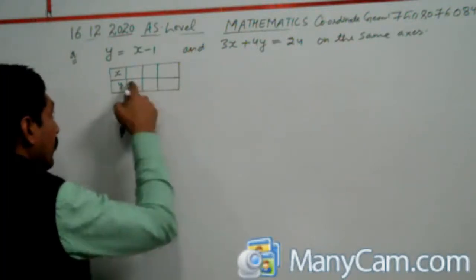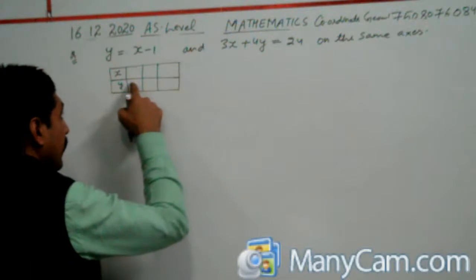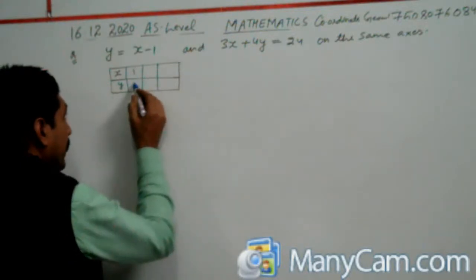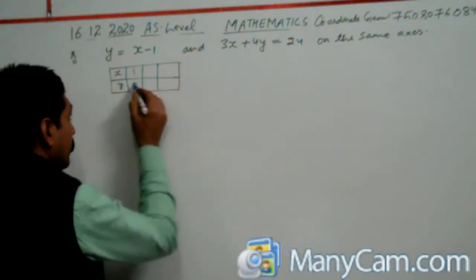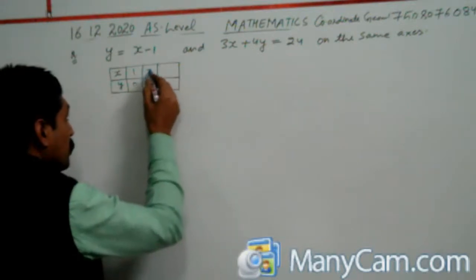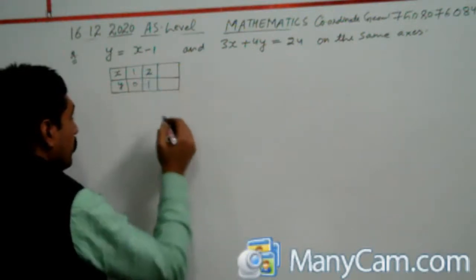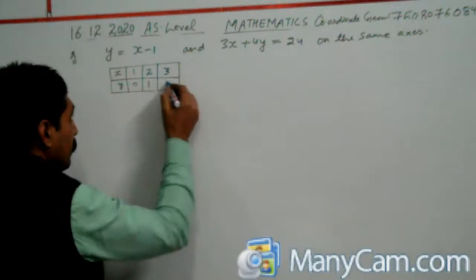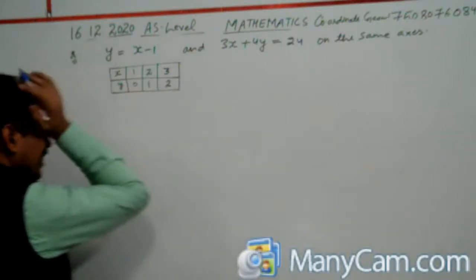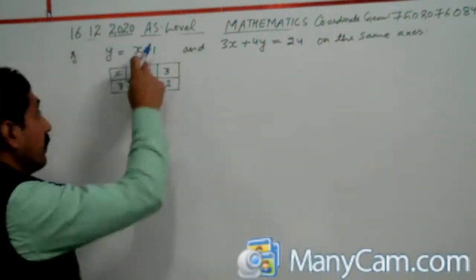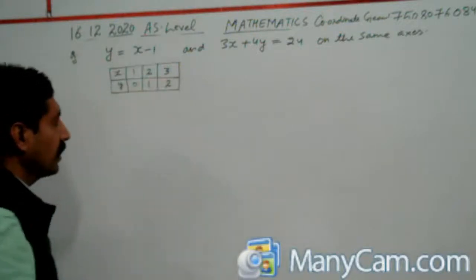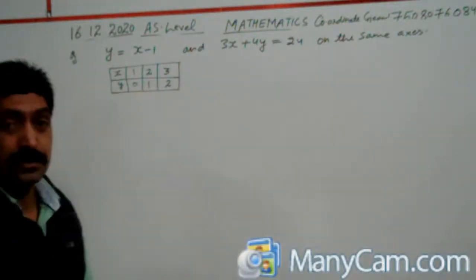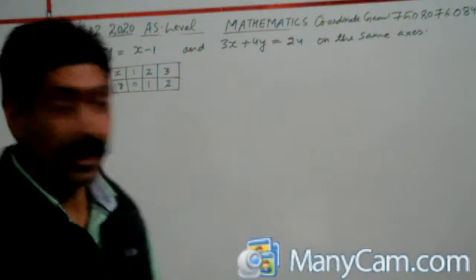If we take the value of x as 1, y is equal to 0. If x is 2, y is 1. If x is 3, y is equal to 2. Right? So here 3 minus 1 is 2. These are the solutions which we can put on the graph.